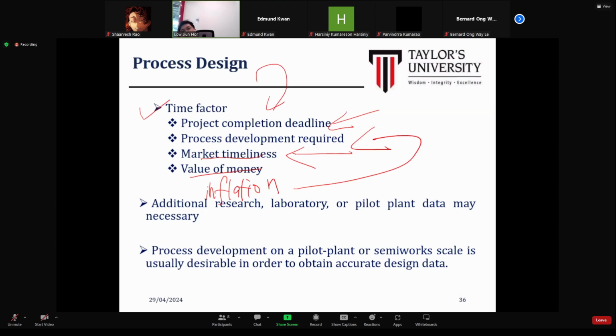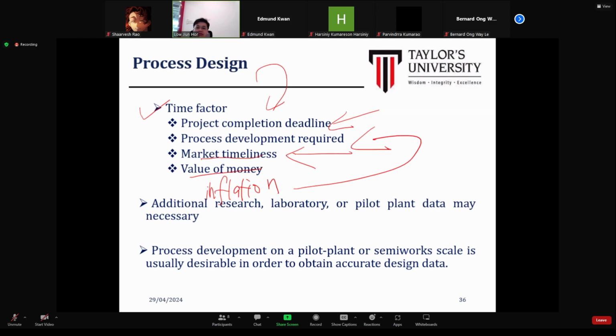Sometimes, especially for new technology or process, some of the data actually cannot be found or are not provided or not available in the reference book or maybe in the journal article. Why? Because they are totally new. So in that case, we still need those important data or information to proceed with our chemical plant design.